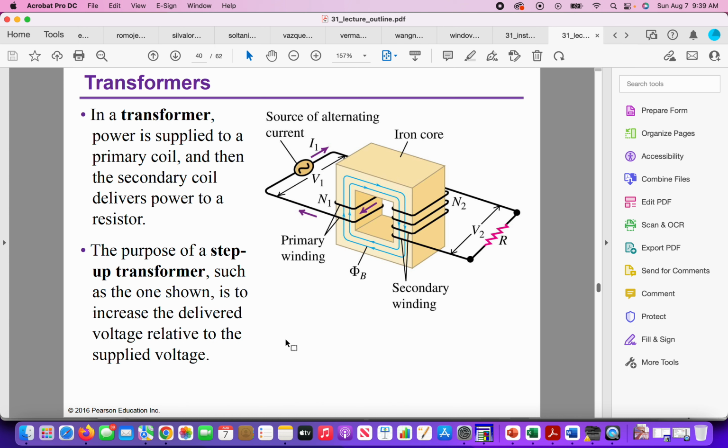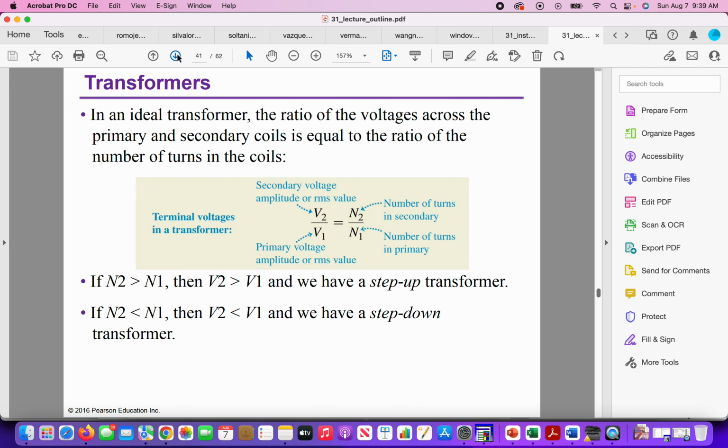Finally, transformers. A transformer is a device that we use to step up or step down the voltage. The purpose of a step-up transformer is to increase the voltage, and that is primarily controlled by the ratio between the number of windings or turns.